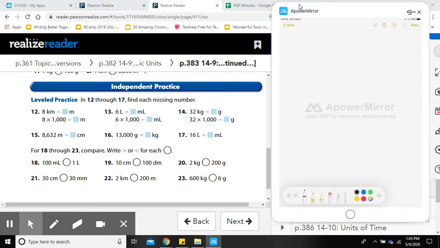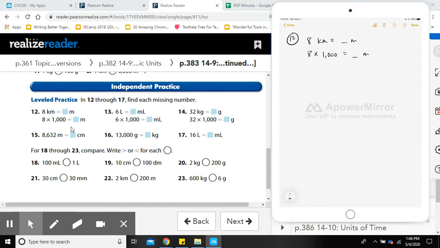Okay, so let's look at number 12. We have 8 kilometers is equal to how many meters? They're giving us something here to help us: 8 times 1,000 is equal to how many meters.